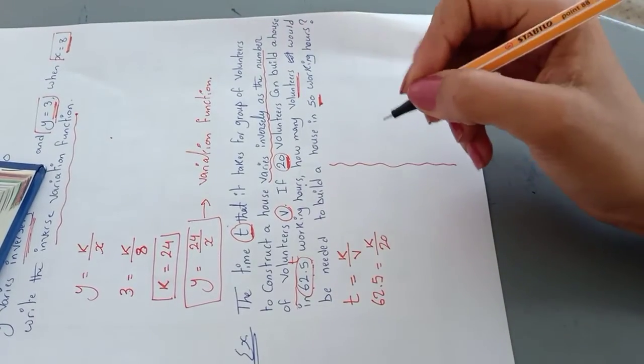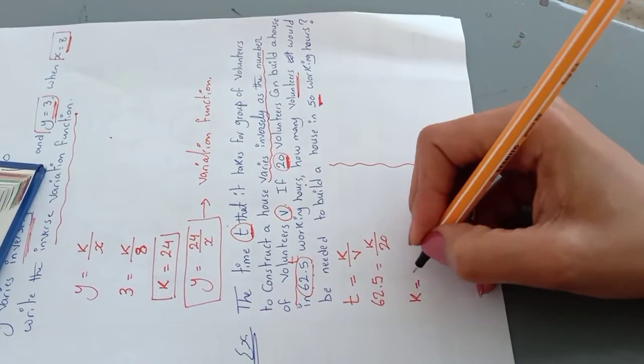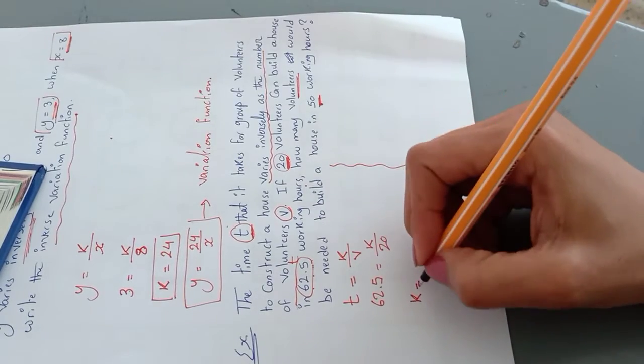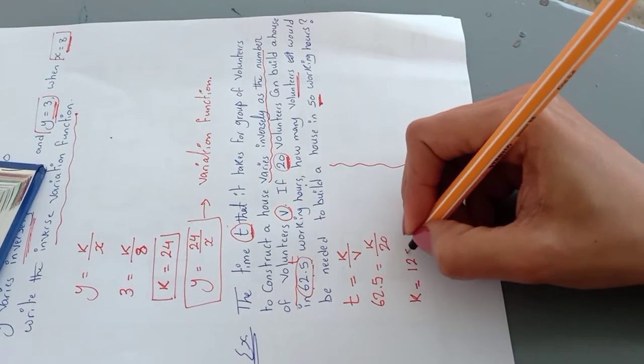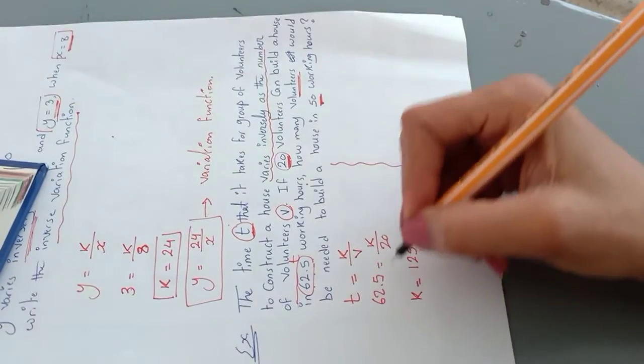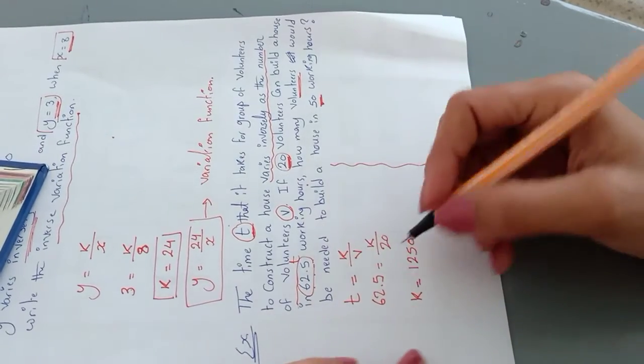where v equals 20. Okay, now I want to find the value of k. So k equals 62.5 times 20 equals 1250. So if k equals 1250, we can replace k in the function.